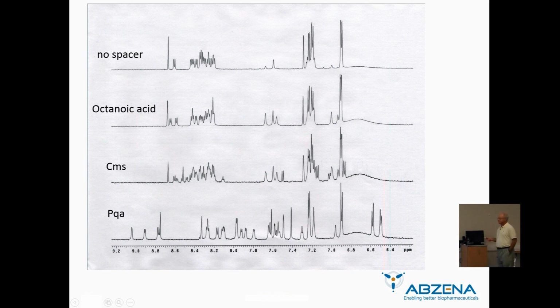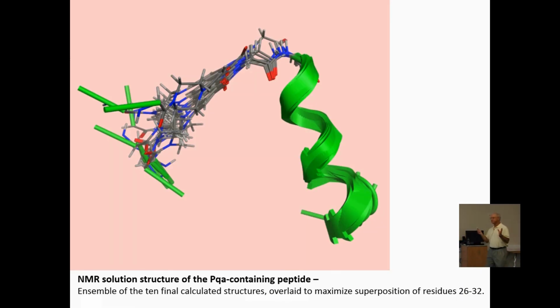Just looking at a 1D proton NMR spectrum of these peptides, the version with a linear spacer isn't changed much from the parent, but with PQA you see a dramatic change in the peptide, indicative of some sort of structural inducement.